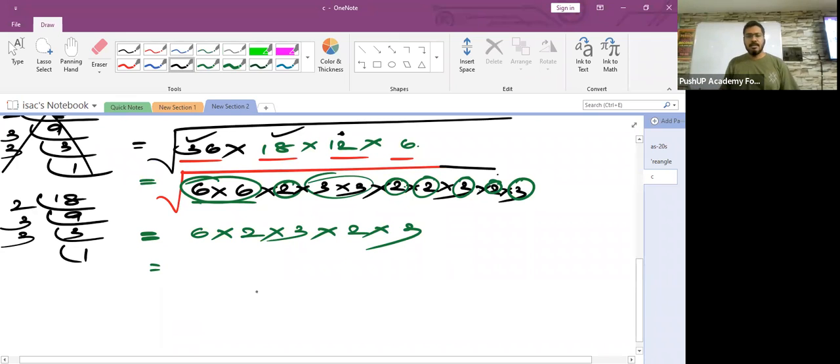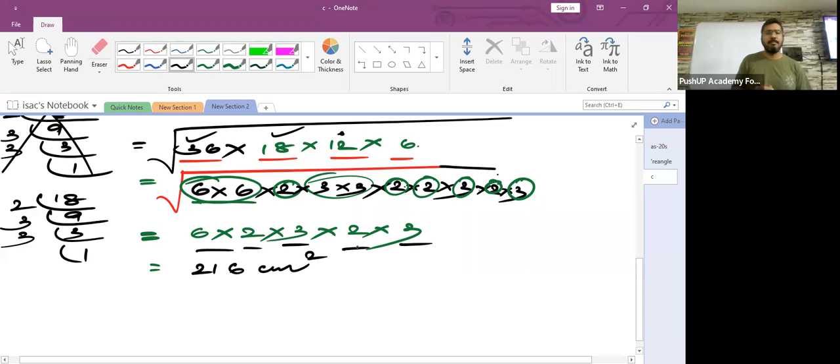Let's find the product. 6 into 2 is 12. 12 into 3 is 36. 36 into 2 is 72. 72 into 3 is how much? 216. Is over, no? 216 centimeters square. The root is already eliminated, no, Rehan? Yes, sir.